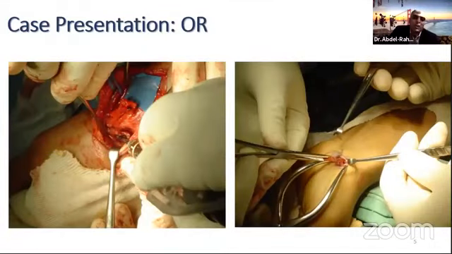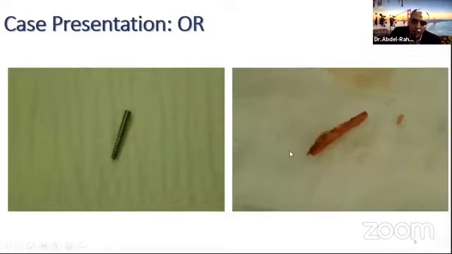In this case, we decided to go from the volar approach, remove the screw first, and then harvest a corticocancellous graft from the iliac crest using the Fisk-Fernandez technique, impacting the graft in the defect. Here is the graft harvested and the screw after its removal.